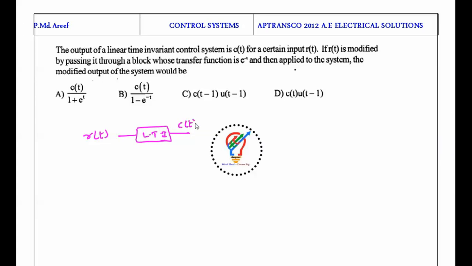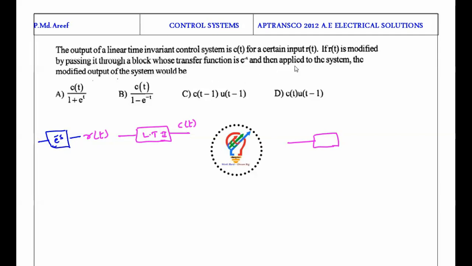If you take the same system, and R of t is modified by passing through a block whose transfer function is e power minus s, here it is the transfer function e power minus s we are giving. So this is the input.